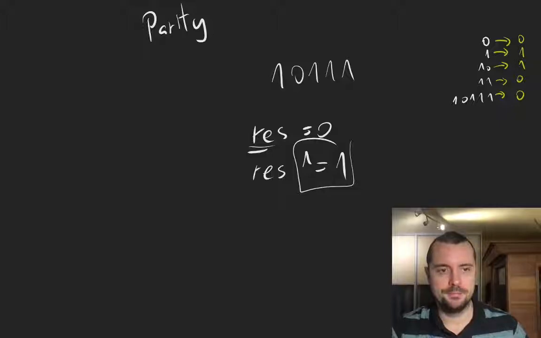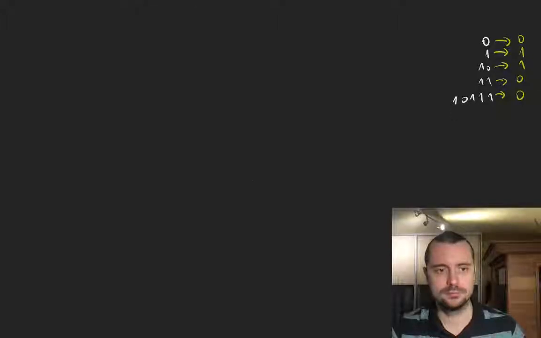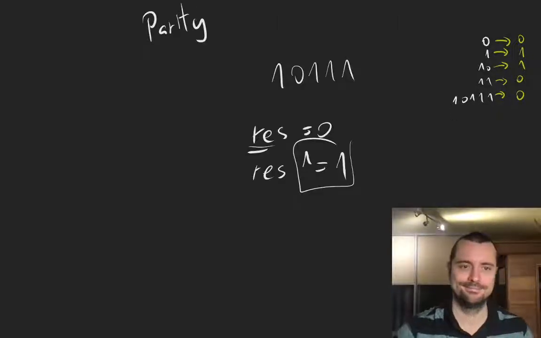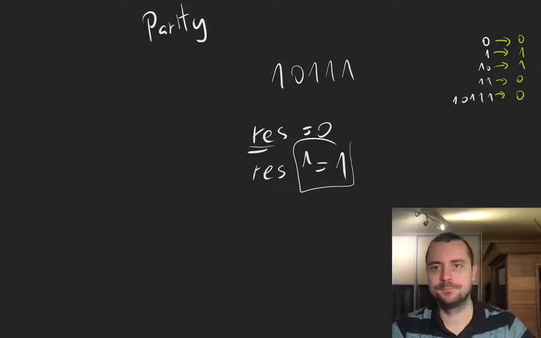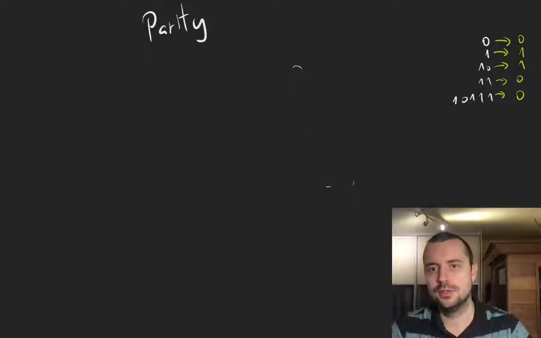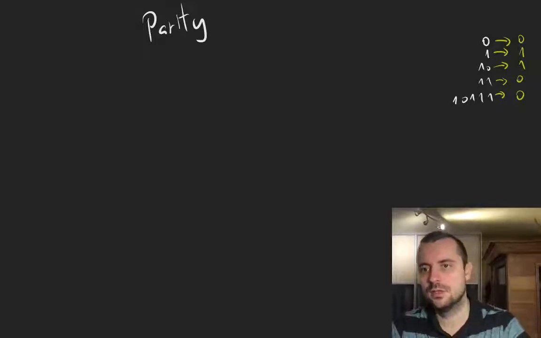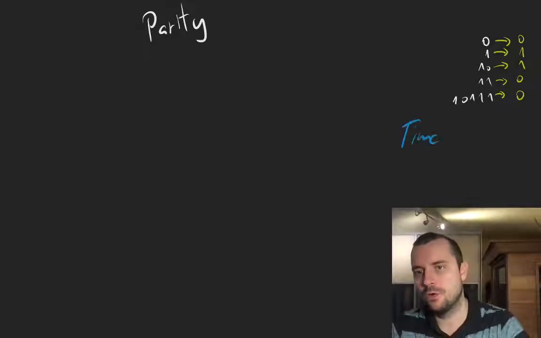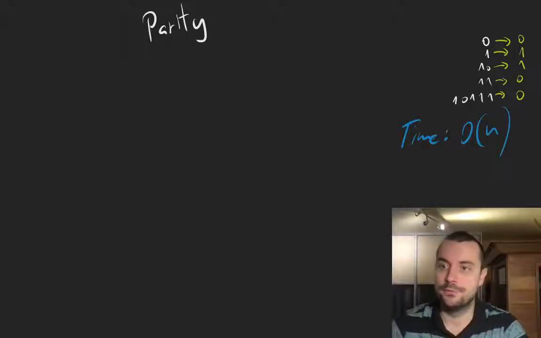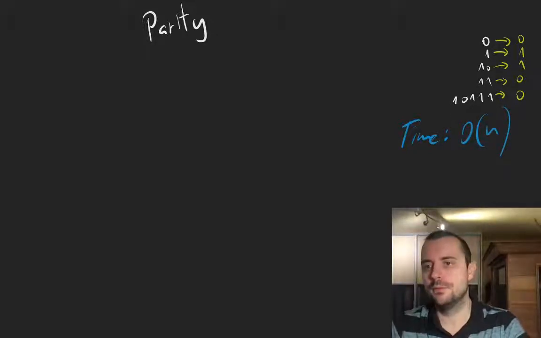Okay, so let's talk about time and space complexity for this one. Because we're traversing, it's O of n time, where n represents the number of bits, but we will optimize it even further.